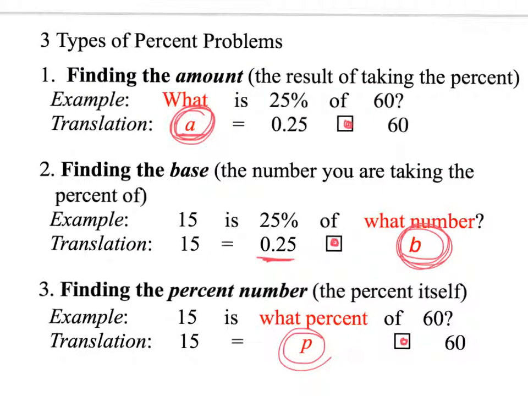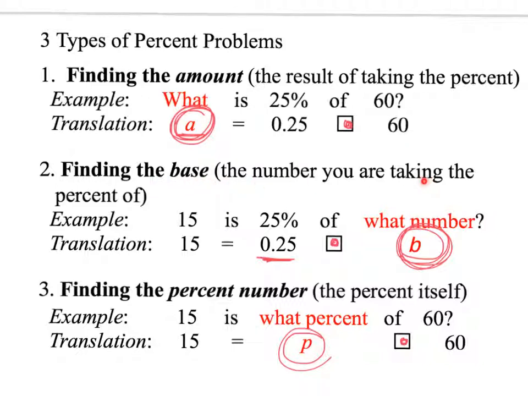So there are different types of percent problems. When we're finding the amount, the result of taking the percent, what is 25% of 60? So A is what we're looking for, is 0.25 times 60.